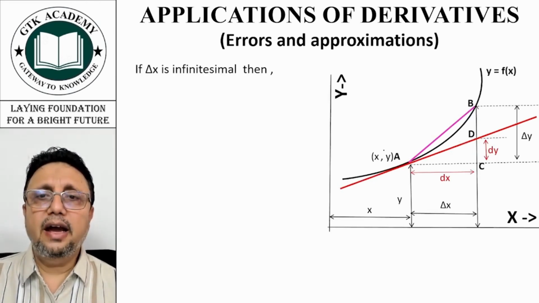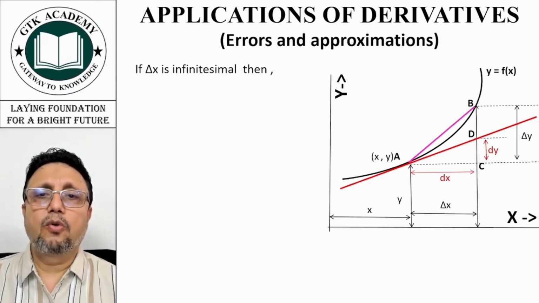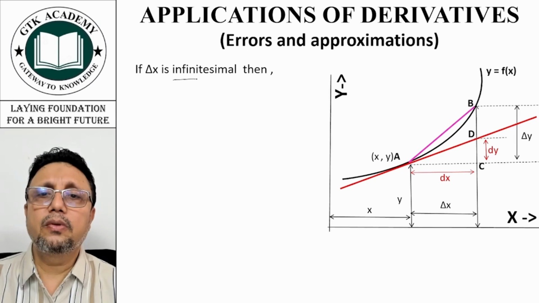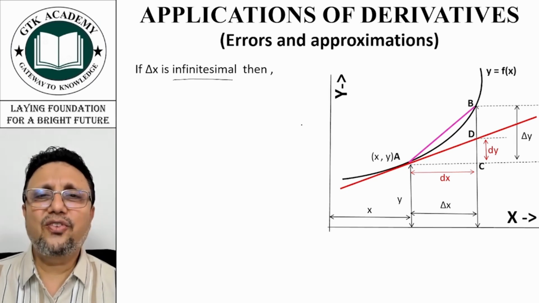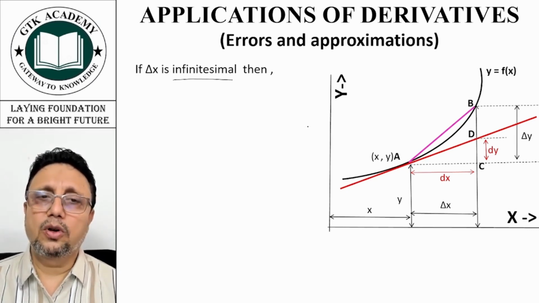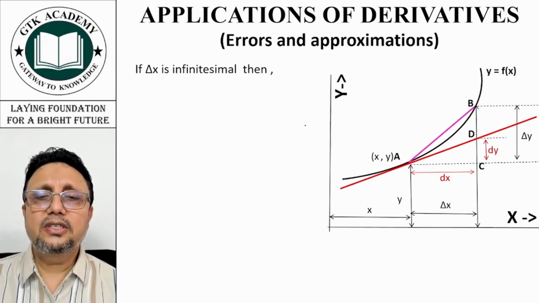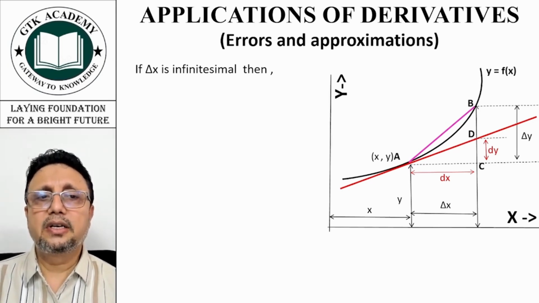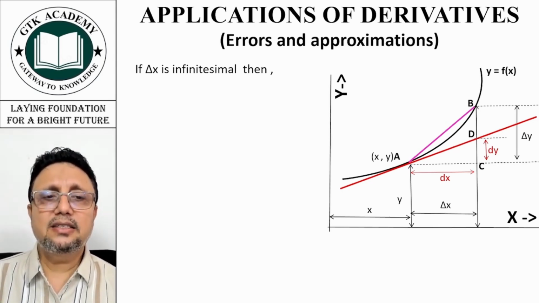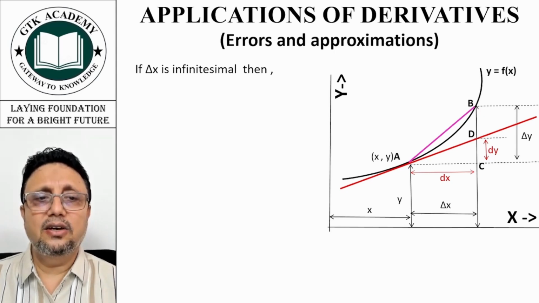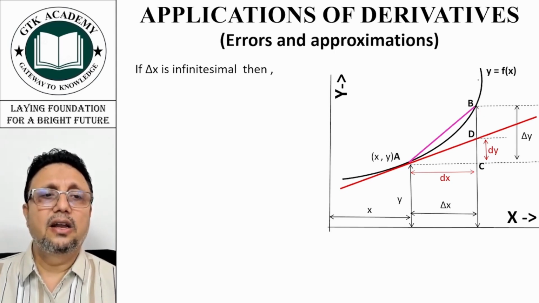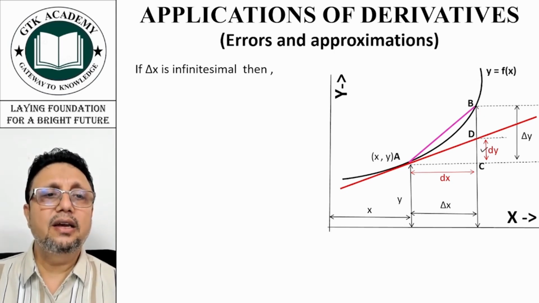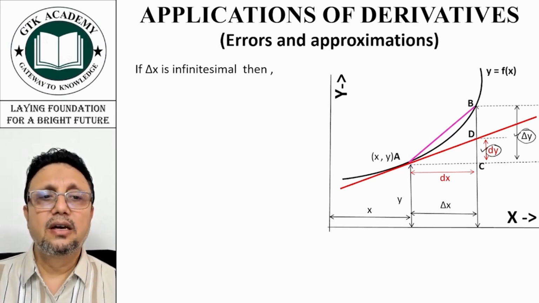Now, if delta x is infinitesimal, extremely small, what will happen? Just see, I am going to depict it with a few slides. Let us decrease delta x. Now here you can see this is delta y and this is dy and this is delta y. So there is a big difference.